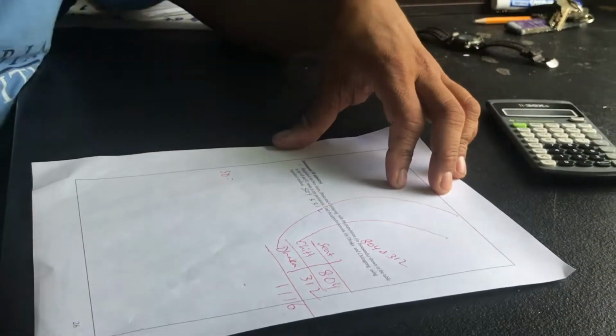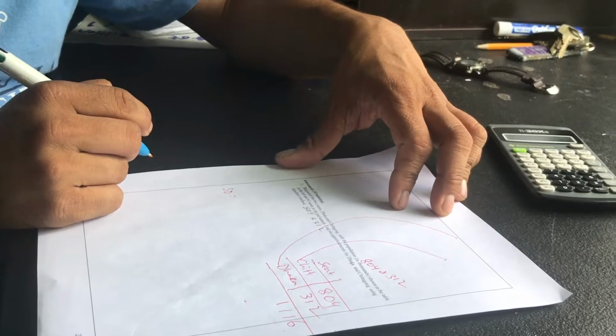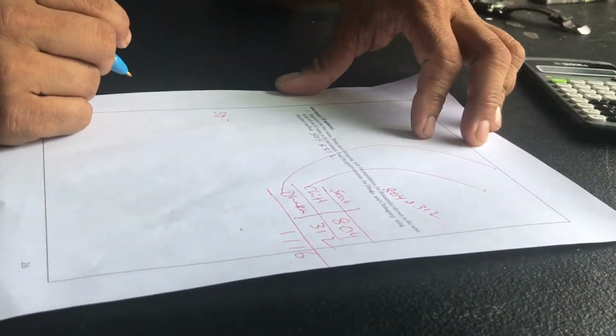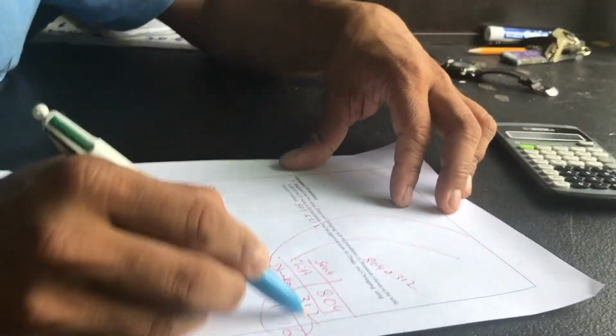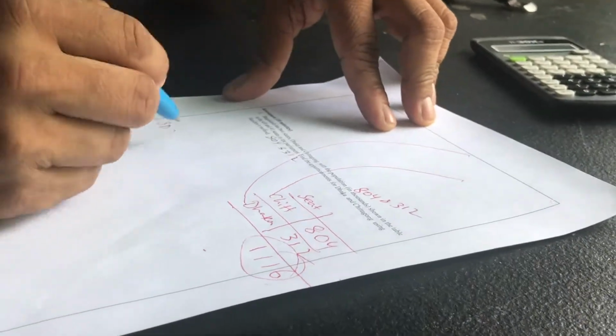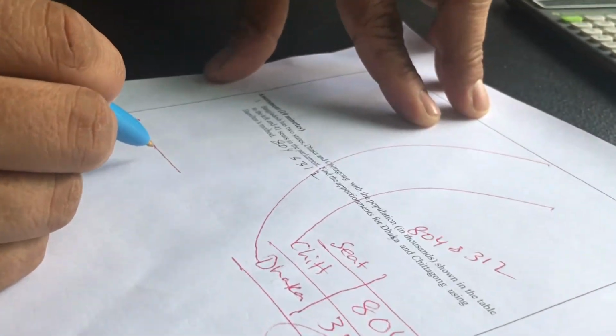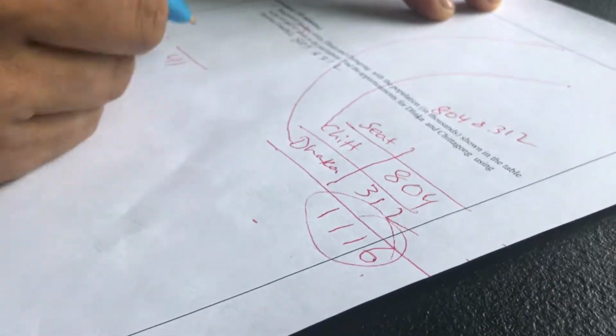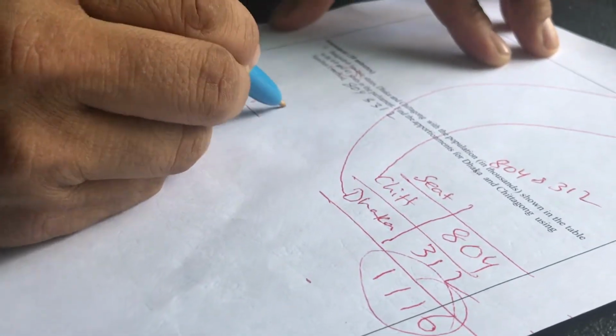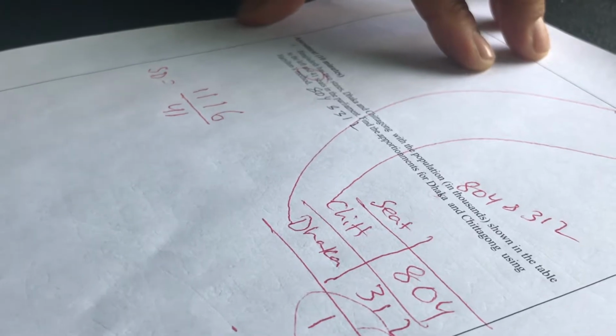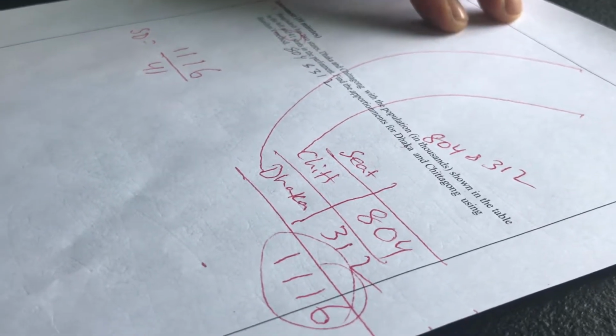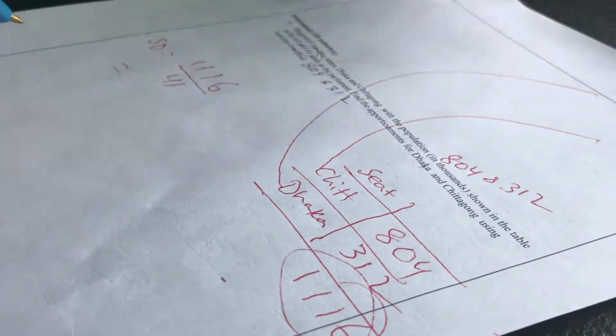The standard divisor is the total population over the total seats. There are 41 seats, so 41 on the bottom, and on the top I have 1116.